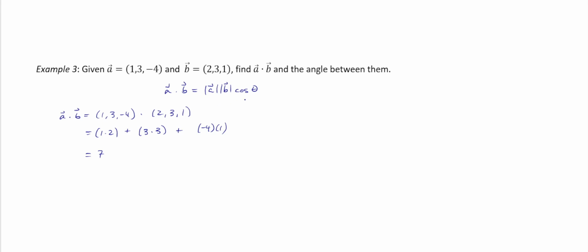But I also have the geometric definition right here. For the geometric definition, I need to find the magnitude of A and the magnitude of B. I've already found the dot product. The dot product is 7. The magnitude of A is defined as 1 squared plus 3 squared plus negative 4 squared, and then we take the square root.